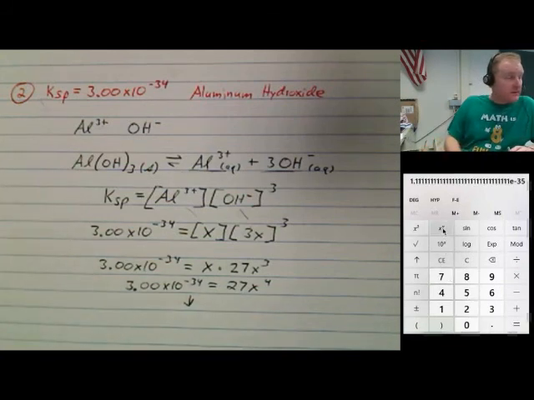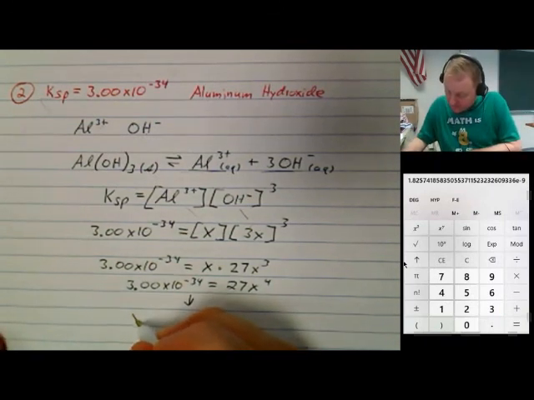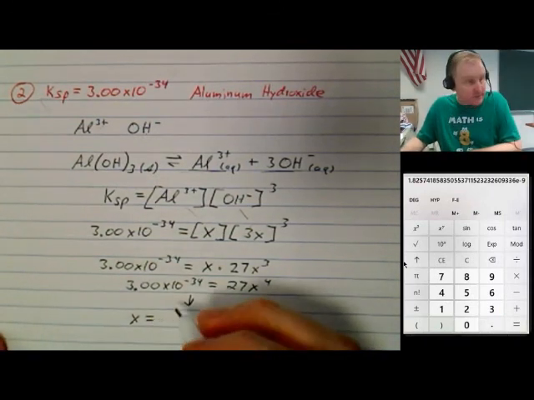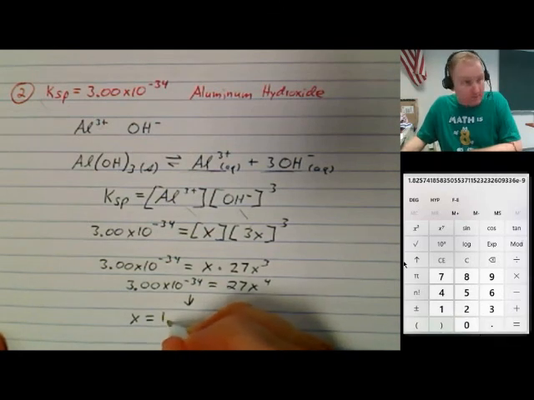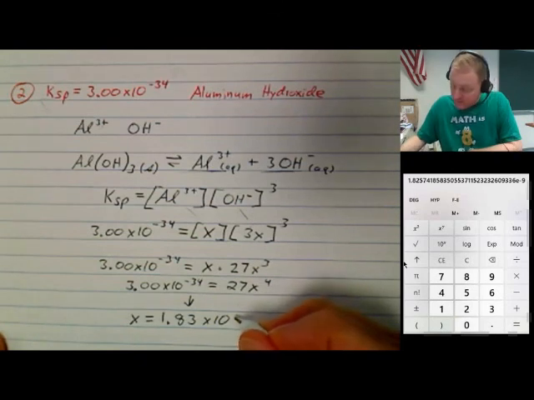Then I'm going to take the 4th root of that, so I'm raising that answer to the 1/4 power, which is the same as the 4th root. And I've got this number here. So x equals 1.83 times 10 to the negative 9th.